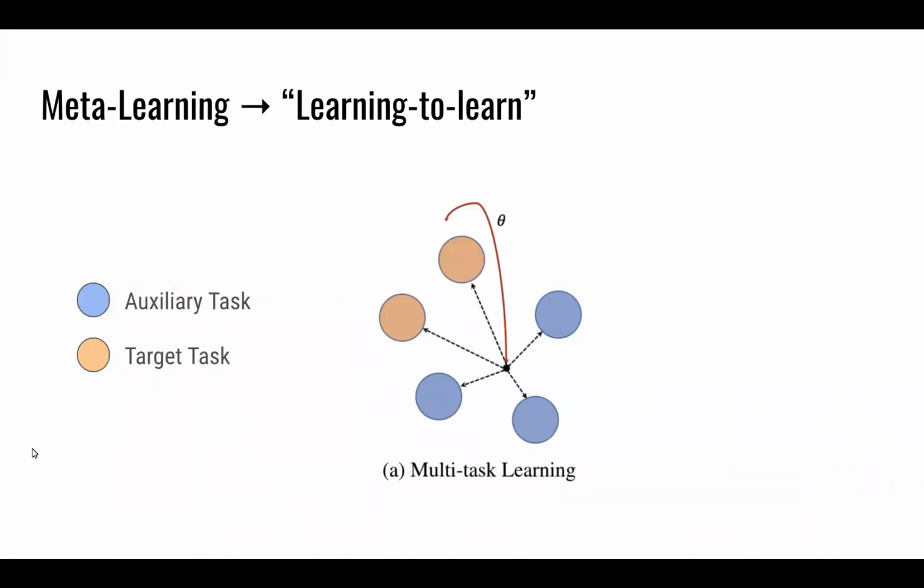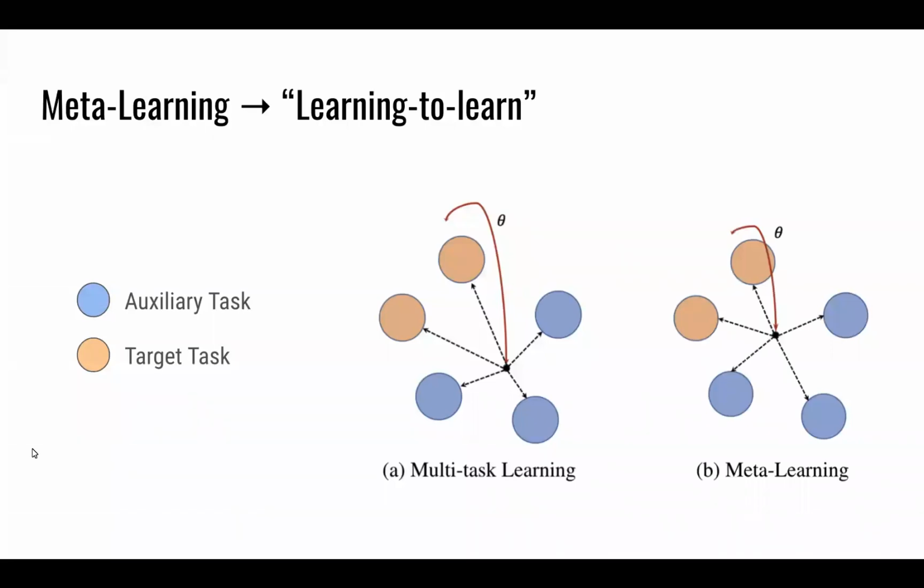Before we dig down into meta-learning, I'll first introduce multitask learning, which is the BERT pre-training process, because there are the masked language modeling objective and the next sentence prediction objective. As we can see, the model will be placed in the middle of the auxiliary tasks, but it takes time to converge to the target task.